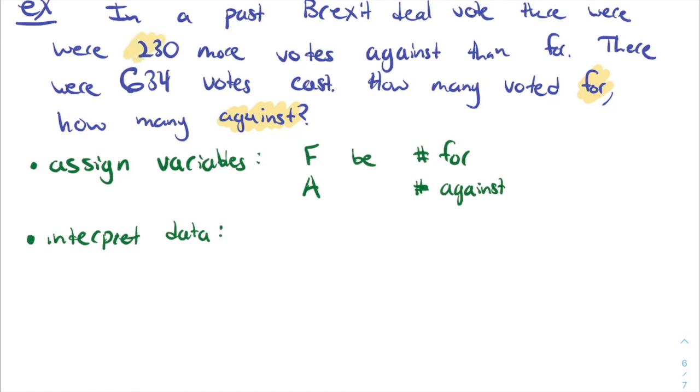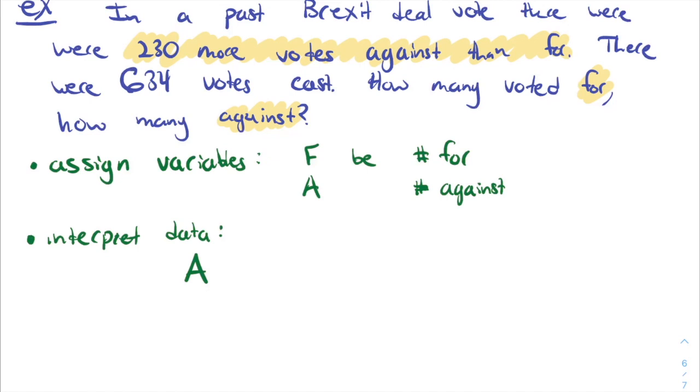We're told that there were 230 more votes against than for. So we know that against is the larger number. There were more votes against than there were for.